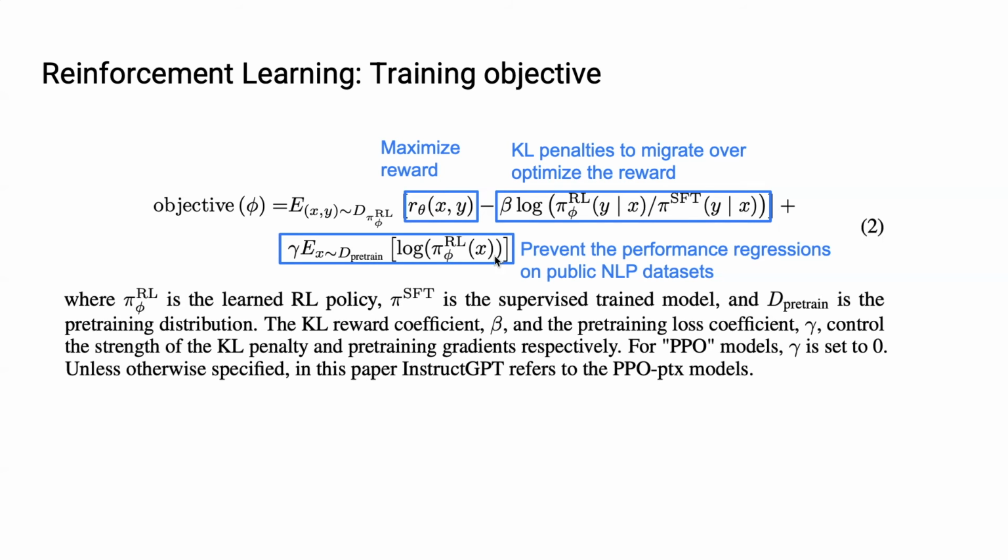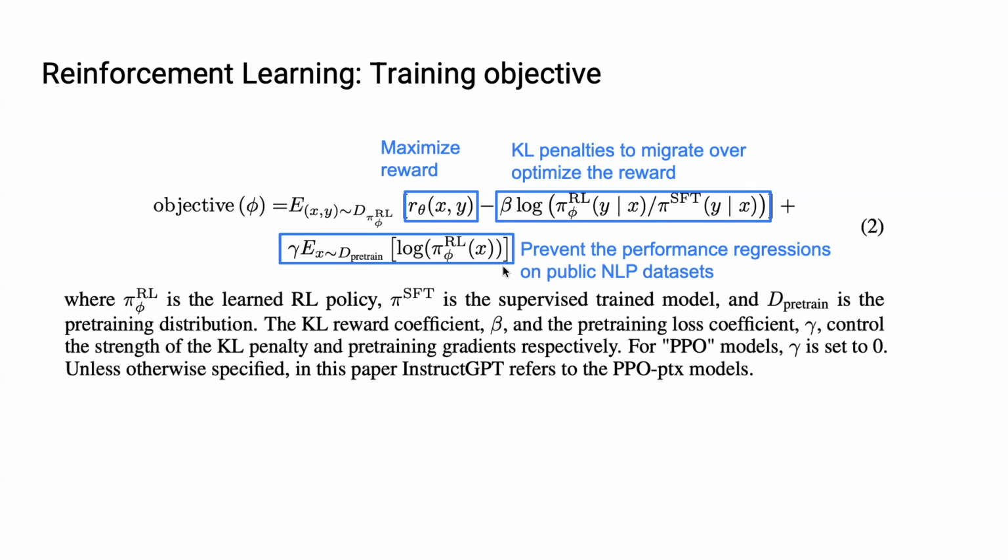Then they have a third term over here. They want to prevent performance regressions on public NLP datasets. Usually when we fine-tune the model on a specific task, even though performance improves on this task, the performance on other tasks degrades during fine-tuning. So they add another term here, using pre-training data that includes lots of other NLP tasks.